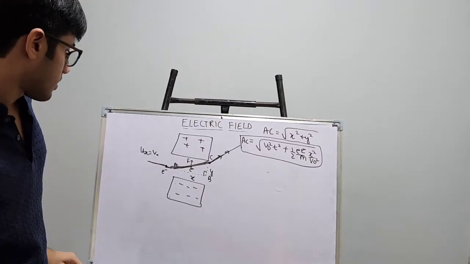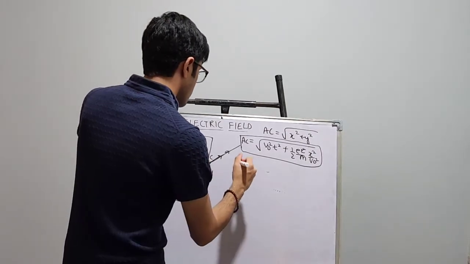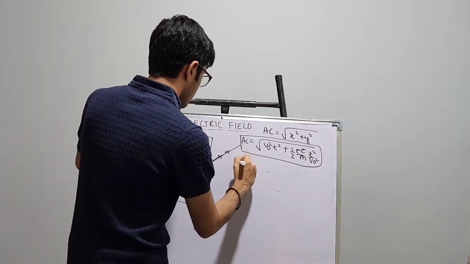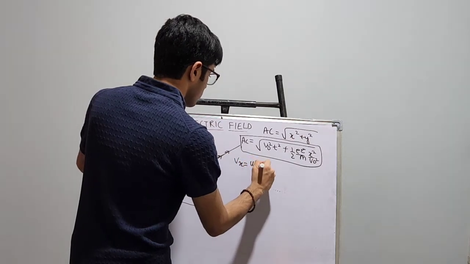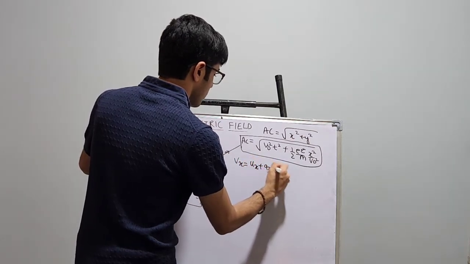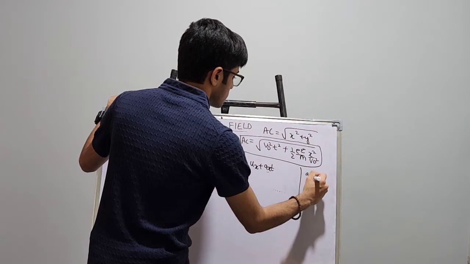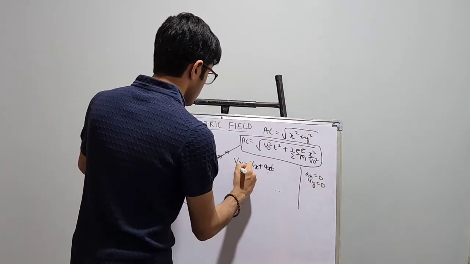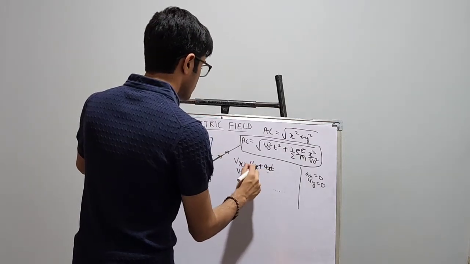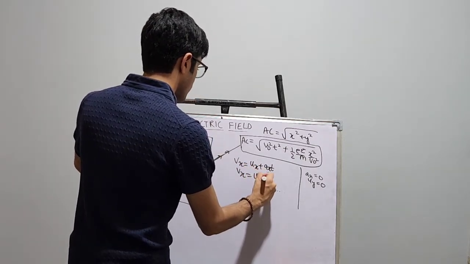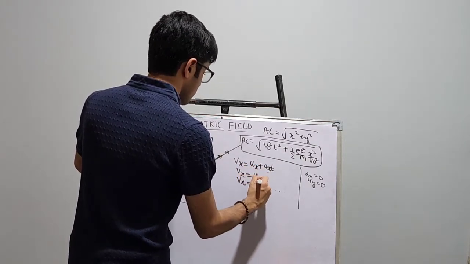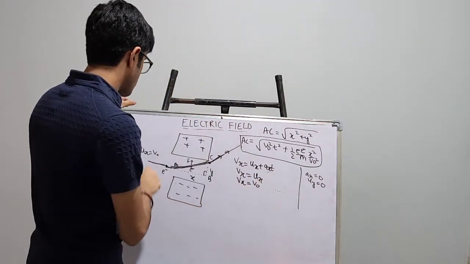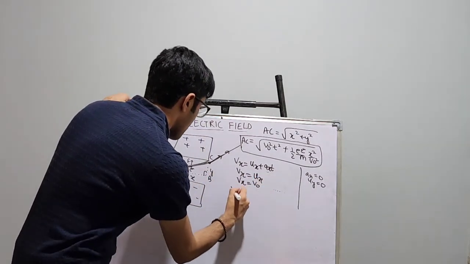Let's say we were to calculate its final velocity now. So we know that final velocity is equal to u_x plus a_x t. We know that a_x is equal to 0 and u_y is equal to 0. So v_x is nothing but u_x, and that is v_x equal to v naught, because u_x is v naught here.